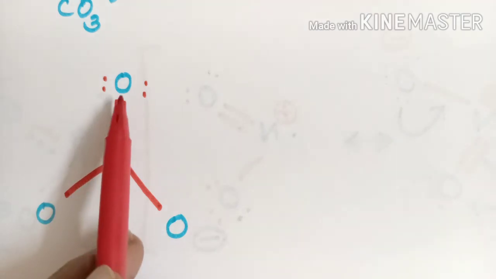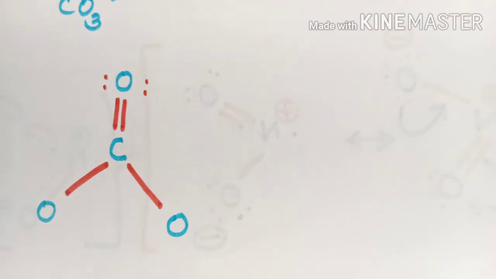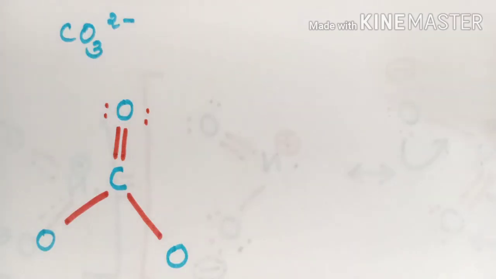Together it is getting 8 electrons by sharing, so this oxygen atom is neutral as such. Now we have to arrange two oxygens with two negative charges. So we are just distributing negative charges on either oxygens.